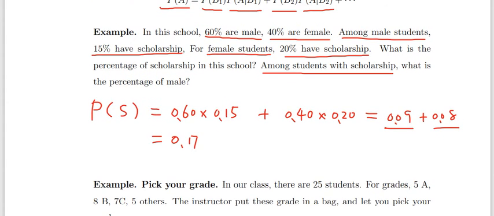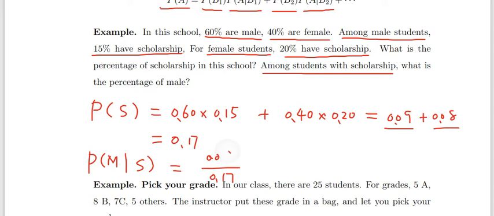We can denote this as: among those scholarship people, what is the percentage of male, or what is the chance for male? Such a probability is 0.09 over 0.17, or 9/17.